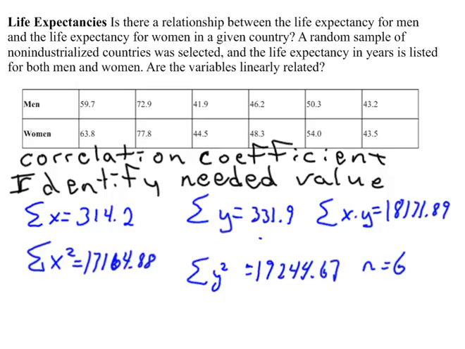Okay, you should have from your calculator picked up the values for the sum of x being 314.2, sum of the x's squared 17,164.88, sum of the y's 331.9, the y squares 19,244.67, the sum of the xy's 18,171.89, and the value of n is 6.